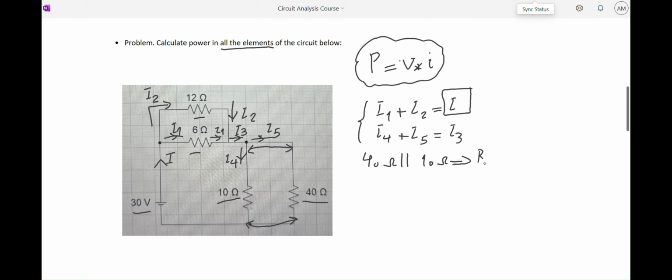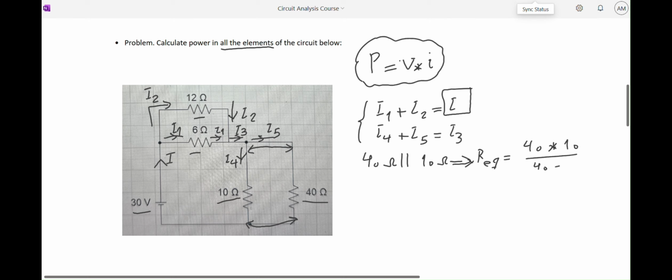What is the equivalent? For two resistors, you know that it's 40 times 10 over 40 plus 10. That would be 400 divided by 50, or 40 divided by 5, which gives me 8.